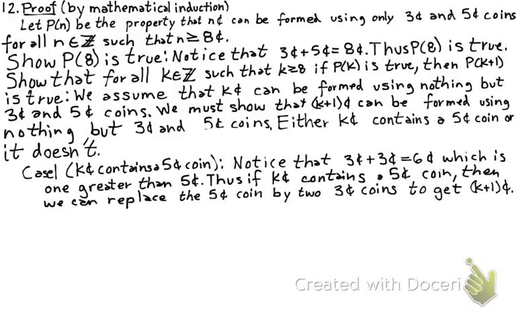So we have shown that we can get K plus 1 cents if we have a 5-cent coin. Now case 2 says K cents contains no 5-cent coins.